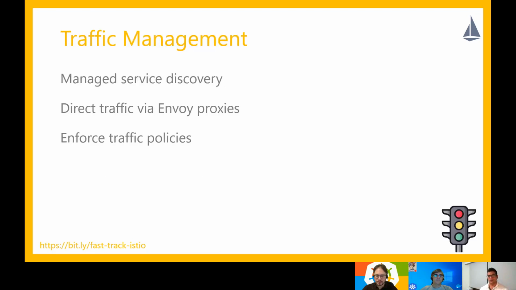We'll now dig into some of the core features of Istio. We had been talking about service mesh in general till this point, but we'll see some of the core features of Istio now. One of the very core features of service mesh and also Istio in turn is traffic management.